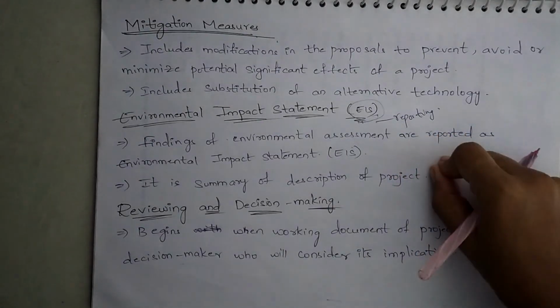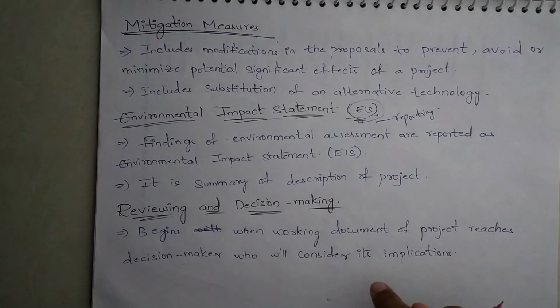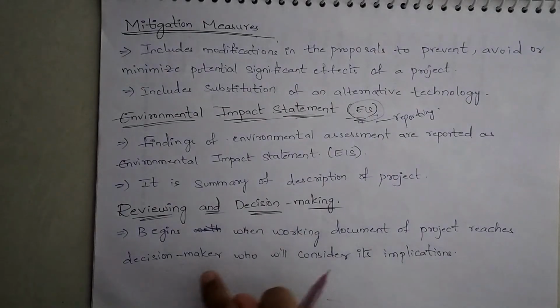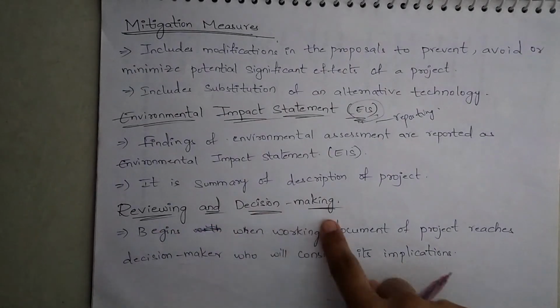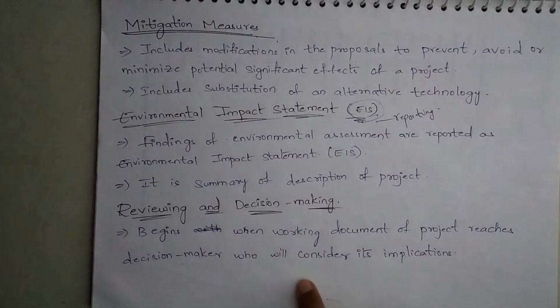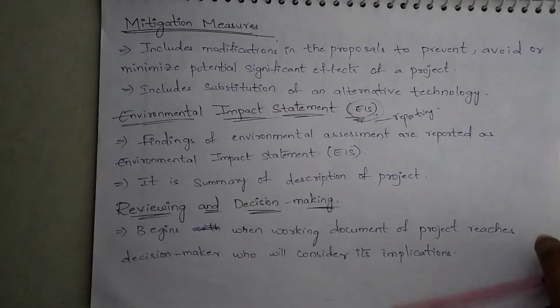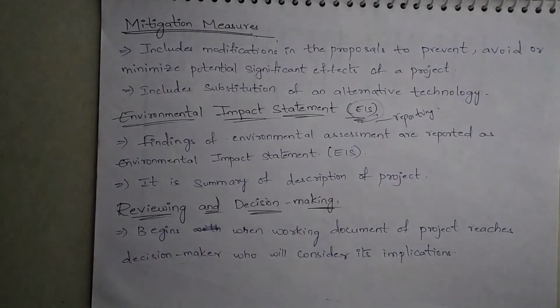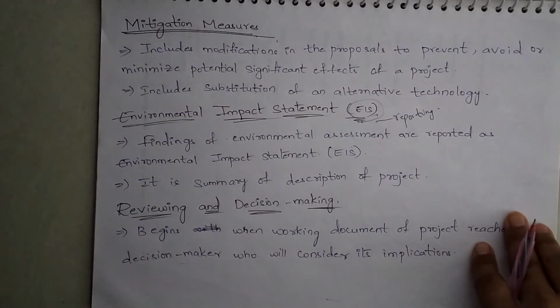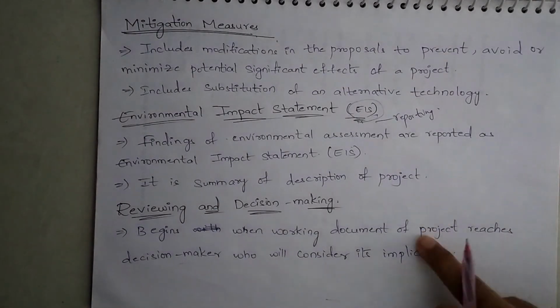in this EIS report. And the next step is reviewing and decision making. So what does this mean? This step will begin when the working document of the proposed project reaches the decision maker.